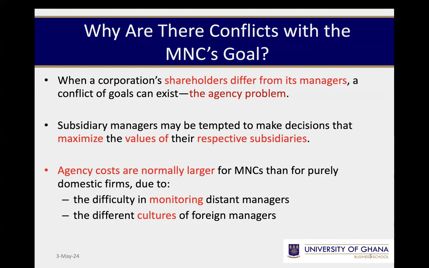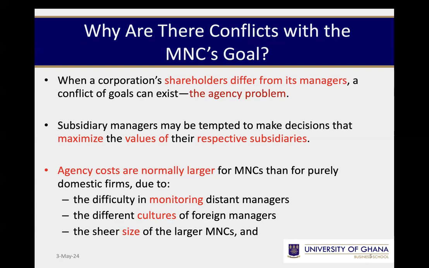to go about that. And of course, even for the cultures, you may have agents behaving in manners that are considered normal in their cultures, but actually can bring about not so profitable ventures for the multinational. We also have the issue of the sheer size of the multinational.